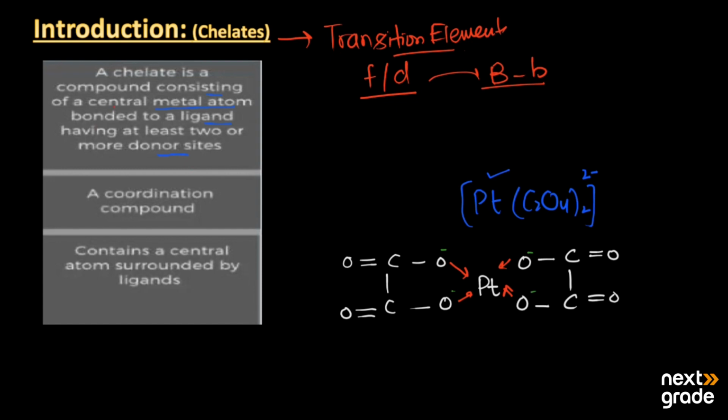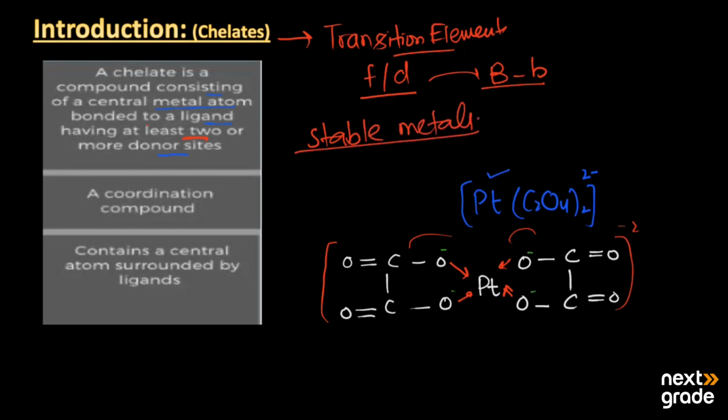Here the central metal atom is bonded to the ligand, and it has donors from both sides. This is called chelate formation. The metals that form chelates are the most stable metals.